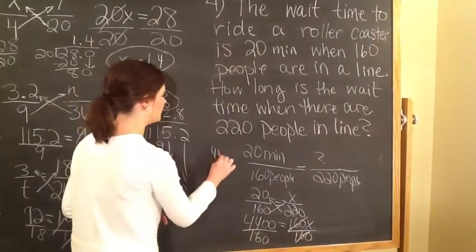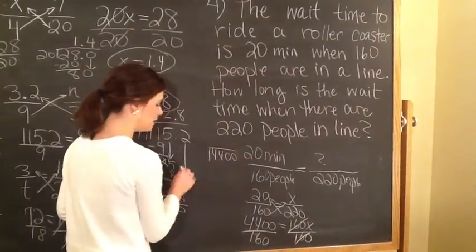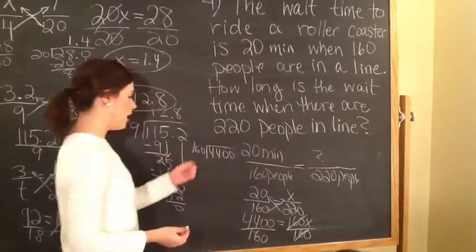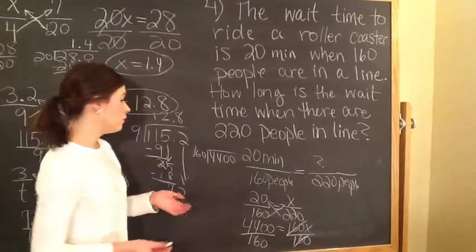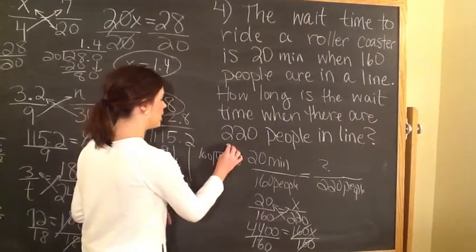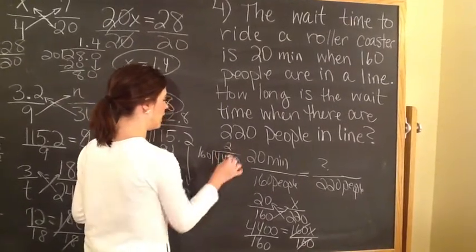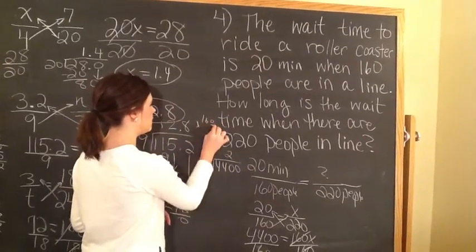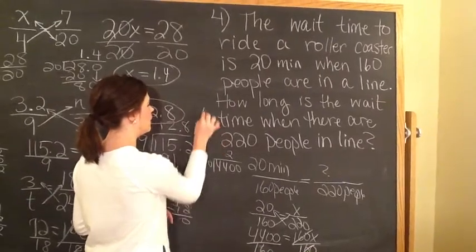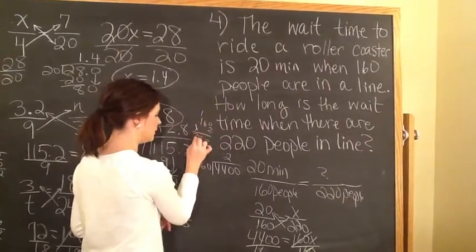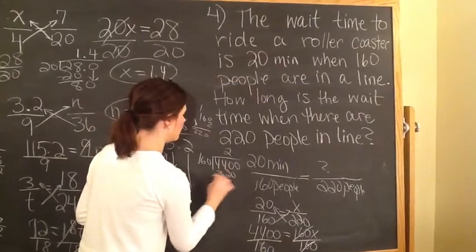So if we have 4,400 divided by 160, 160 goes into 440. It goes in about 2 times, so 160 times 2 is going to give you 320. We're going to go ahead and subtract.